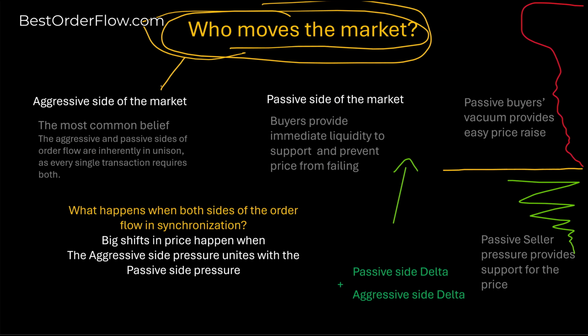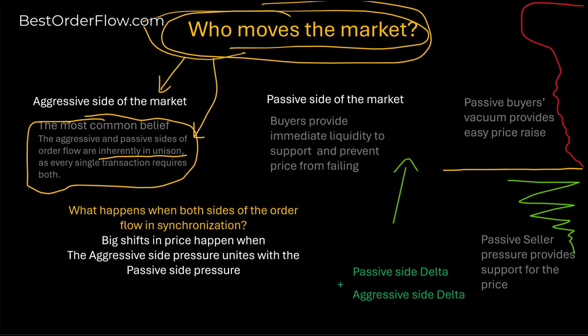And this is, guys, typical mentality, typical thinking, because usually the most common situation is that aggressive and passive sides of order flow are inherently in unison. Why is that? Because every sale needs to meet a buyer, and every buy needs to meet a seller. So they are kind of in unison in that sense, right?